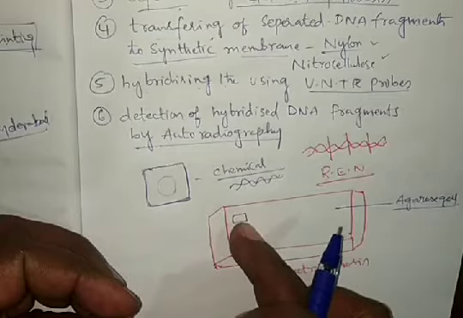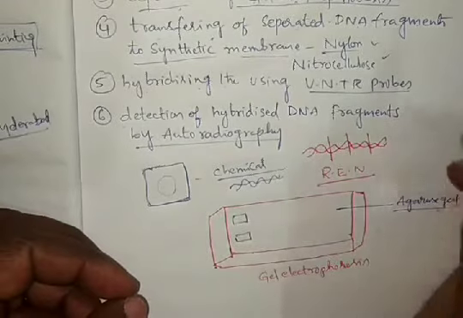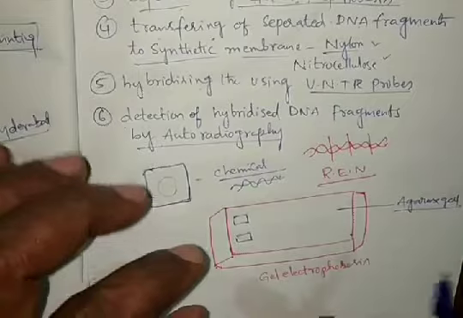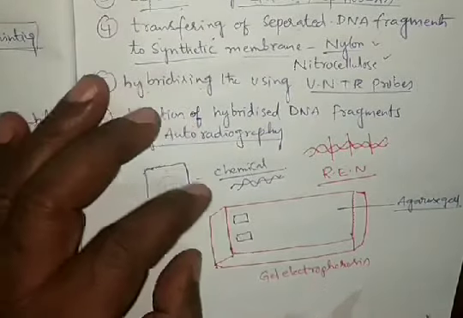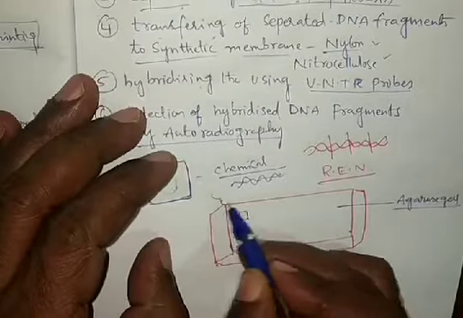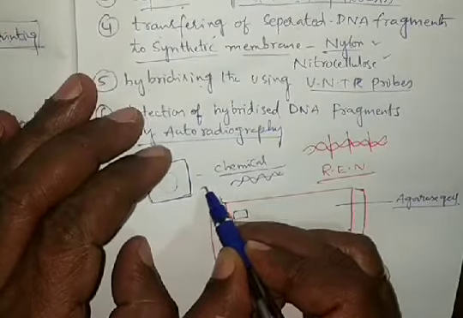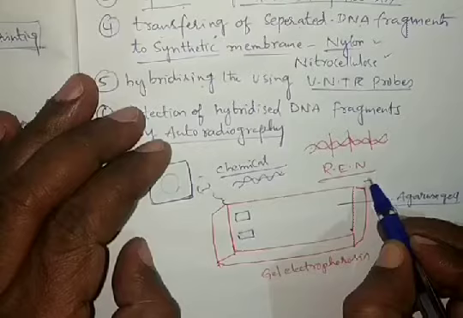Whatever segment we put in this DNA sample, cut by the restriction enzyme, we place it here, and it is connected to an electric field. One region is negatively charged, the other positively charged.